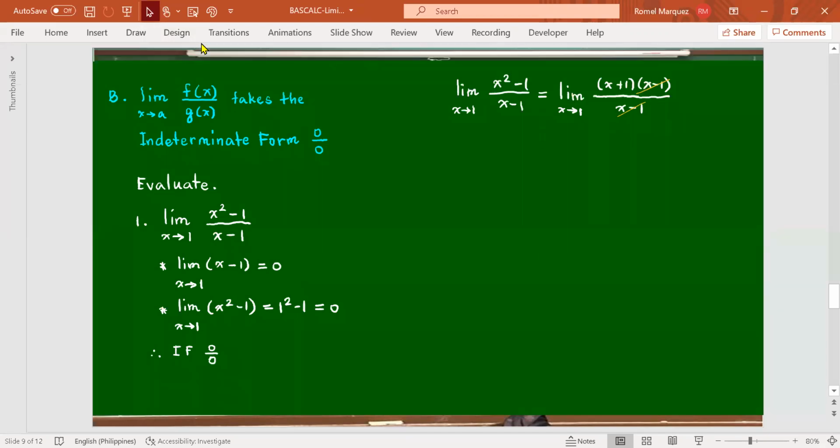So this is now equal to the limit of x plus 1. This is easier to take the limit of, because it is just a linear function. Because a linear function is a polynomial, we now have 1 plus 1, and that is equal to 2. Okay, guys? Any questions here, guys?